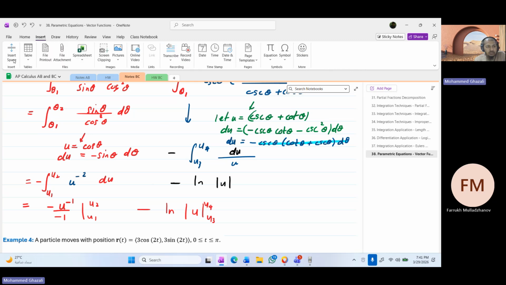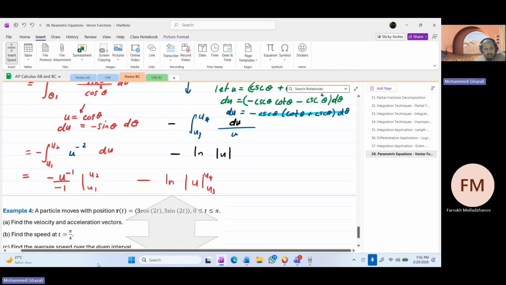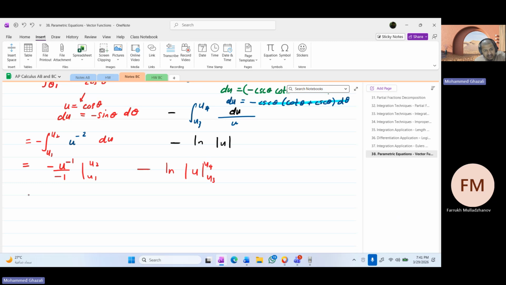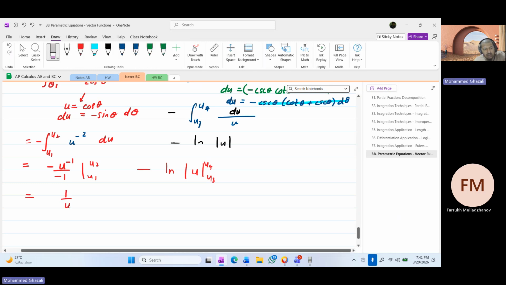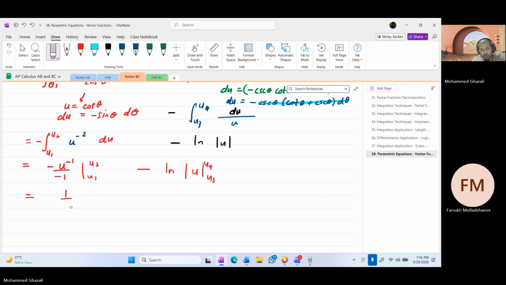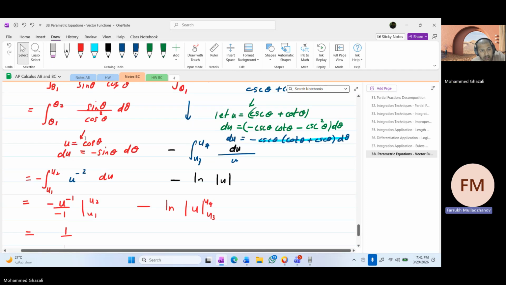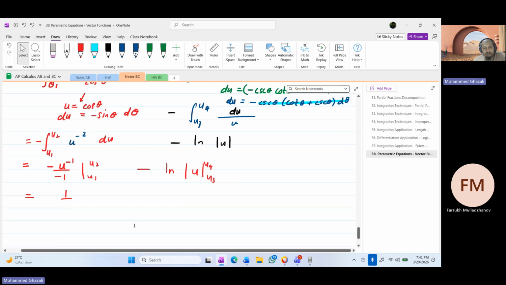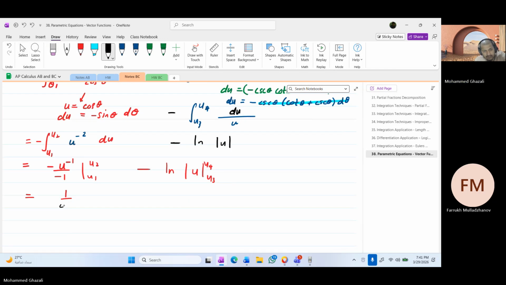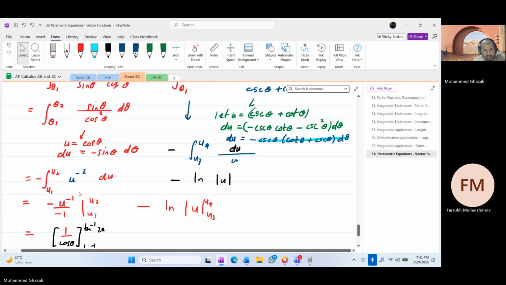Now, I'm ready to substitute everything, and we have an answer. Right, so what is this? Negative, negative cancel out. This is 1 over u, right? But the question is, what was u? u was cosine theta, right? And didn't we have theta values? What were the upper and lower boundaries? It was tan inverse 2 and tan inverse 2e. Isn't that what it was? Theta 1, theta 2.